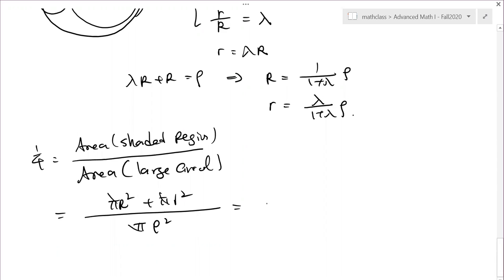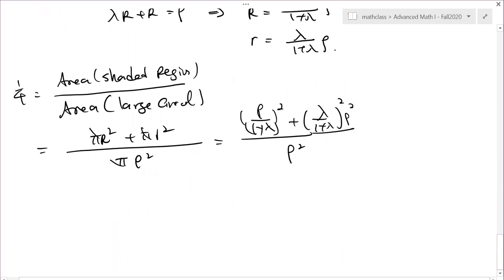So what you get here is 1 plus lambda, squared, in the denominator, and then lambda, over 1 plus lambda, and rho squared. Okay, so rho squared is also cancelled out. So what you get is going to be the quarter, and after you simplify, you get a quadratic equation for lambda, then you can solve for lambda.